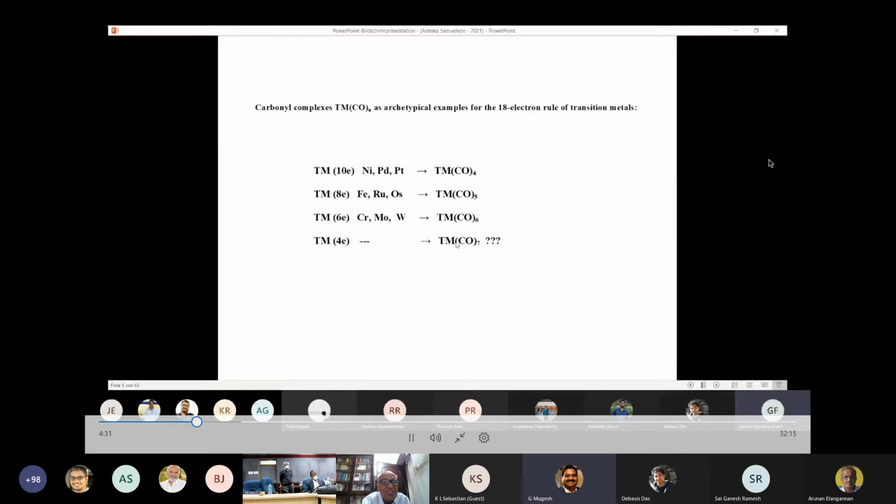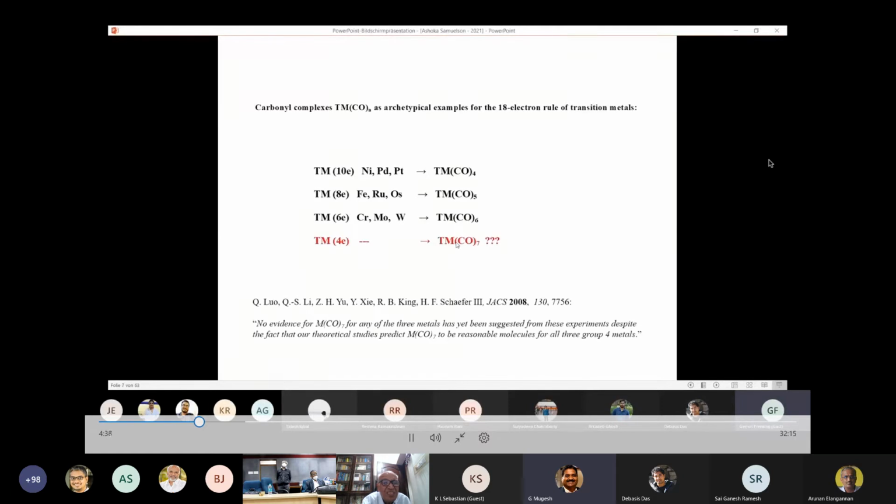But surprisingly, until very recently, they are not known, in spite of quantum chemical calculations in 2008 by Fritz Schäfer, saying no evidence for the heptacarbonyls for any of the 3 metals as has been suggested from these experiments, despite the fact that our theoretical studies predict them to be reasonable molecules for all 3 group 4 metals.